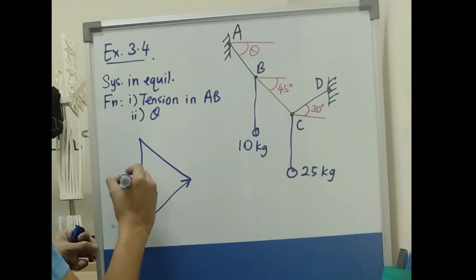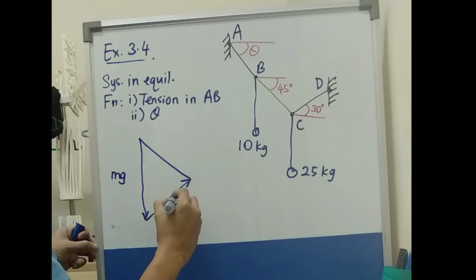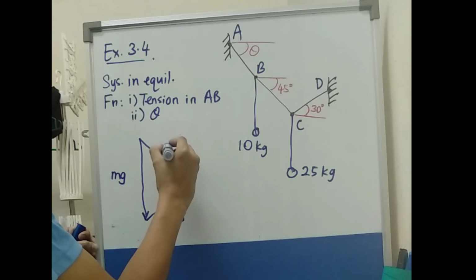So this is your mg, this is your TCB, and this is your TCD.